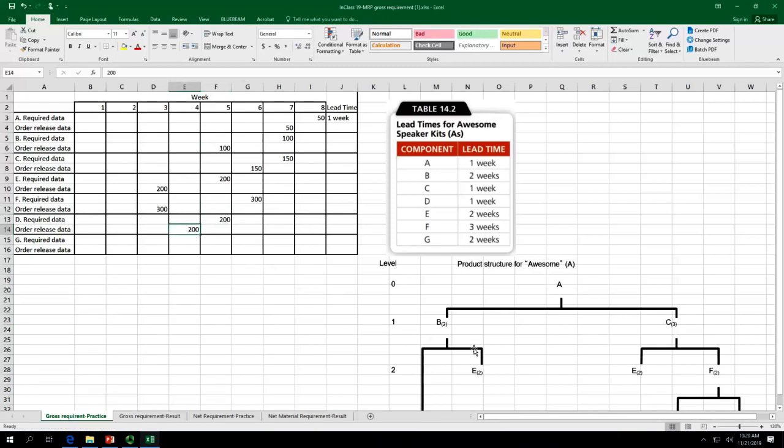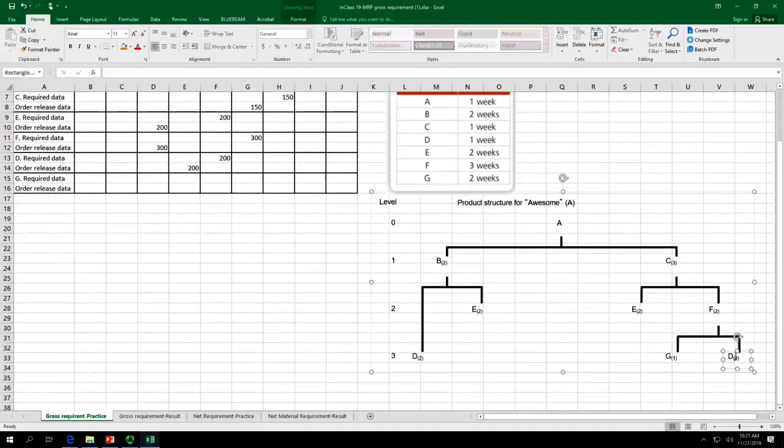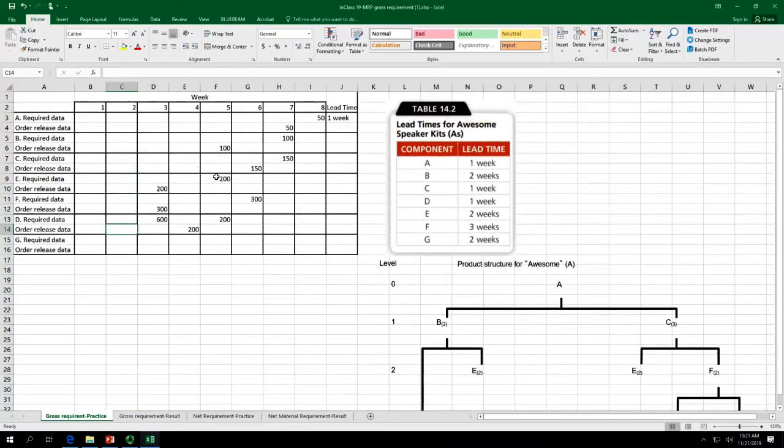But also we have another D. This D is associated with the level of F. So where is F? F is over here. And to make 1F, you need 2D. Now we need 300F. We need to prepare 600 D. D's lead time is 1 week. So the order should be released in the 2nd week.